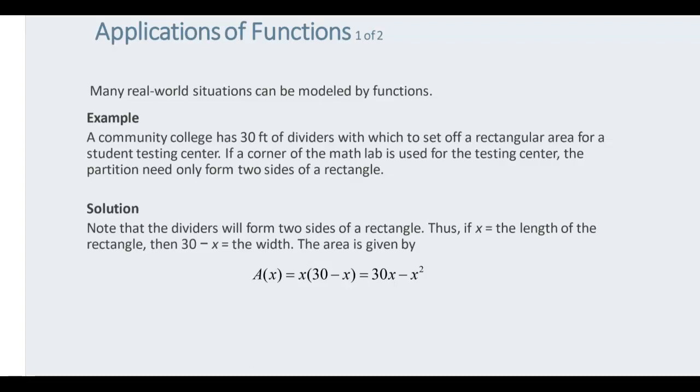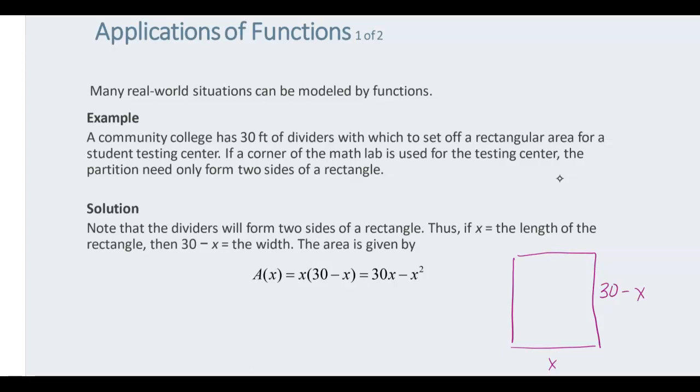So we're going to say that x is going to be the length of the rectangle. We're not sure how big of a rectangle we're going to make, but let's call this x. And then because we have 30 feet in total, this side will be 30 minus x.